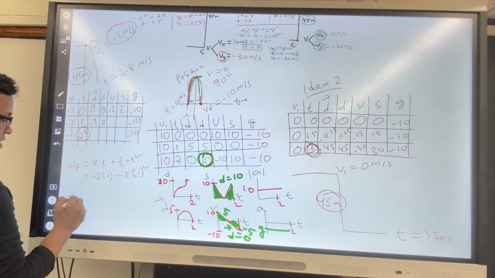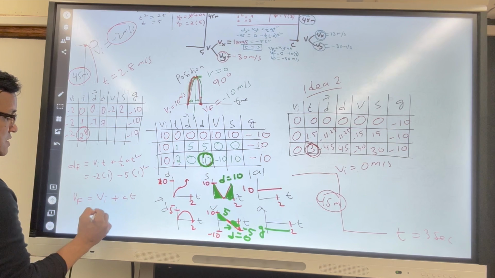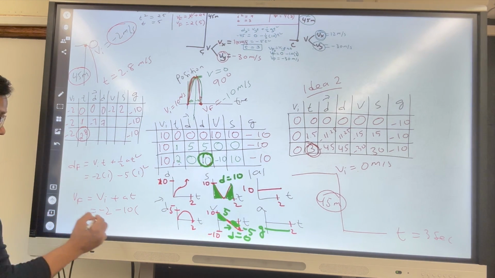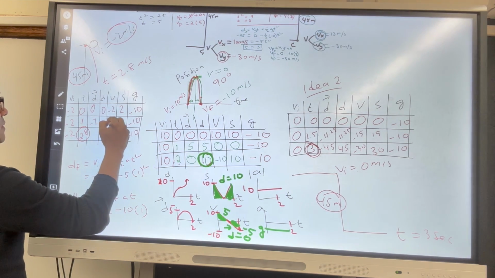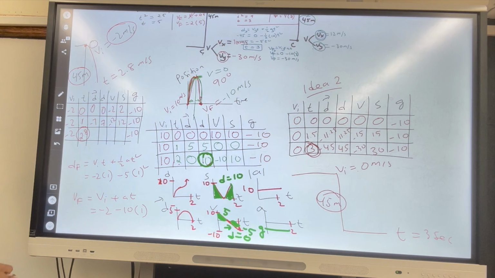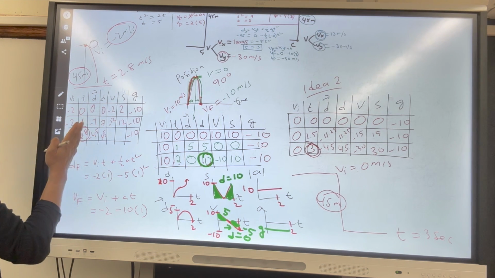Now velocity is how much? Vf is equal to Vi plus at. So this is -2, -10, of course, at the end of 1 second. So -12. At the end of 1 second, velocity is negative 12, speed is 12. At the end of 2.8 seconds, the displacement is the whole thing, negative 45. Distance is 45.